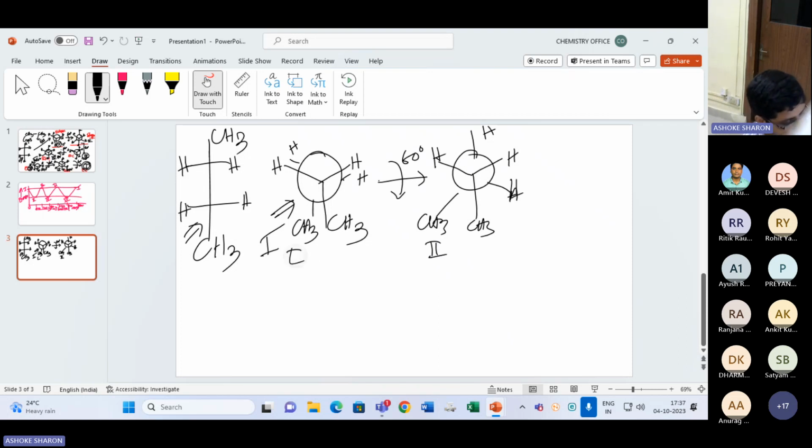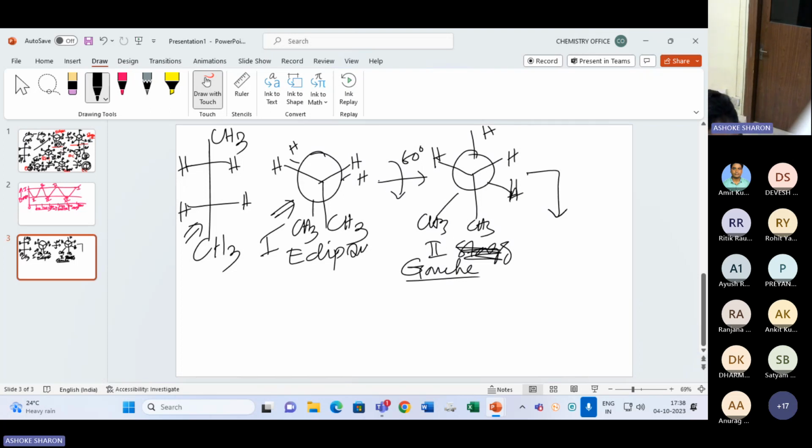This one is called eclipsed. This is called staggered. Sorry, this is not staggered. This is called gauche structure. Okay, this is a new term. This is not a staggered structure.